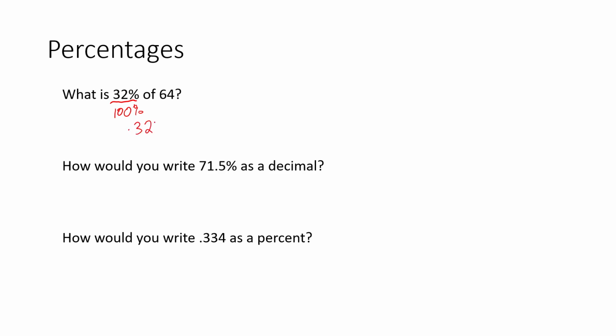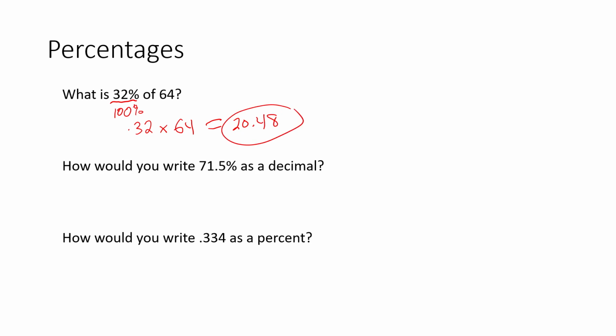And 32% of 64, we would then multiply that by 64. And we would get our answer then. So 0.32 times 64 equals 20.48.